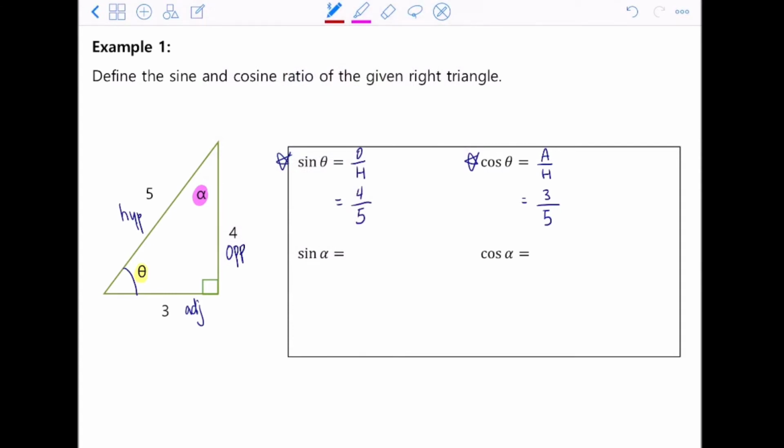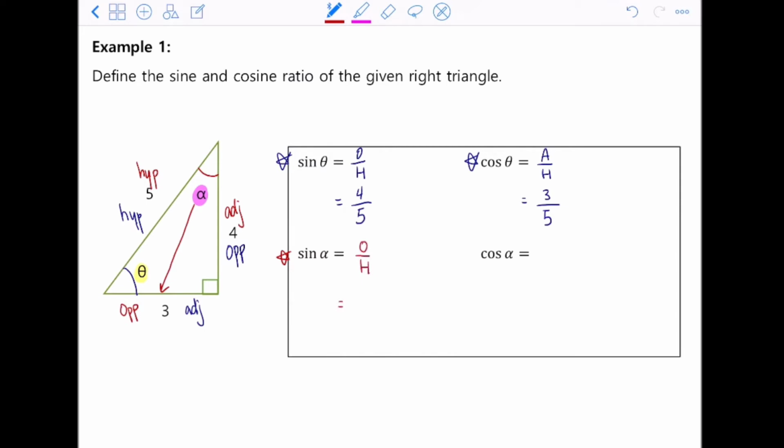Let's take a look at angle alpha. If this is angle alpha, the side that's across from the angle is the opposite side, and the hypotenuse stays the same because the hypotenuse has to be the longest side of a right triangle, and the missing side will be the adjacent one. All right, so same ratio, opposite over hypotenuse.